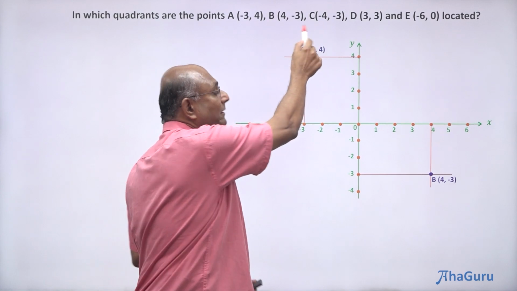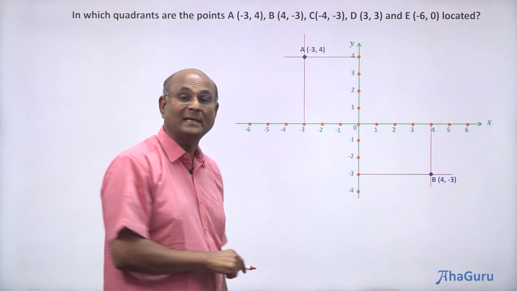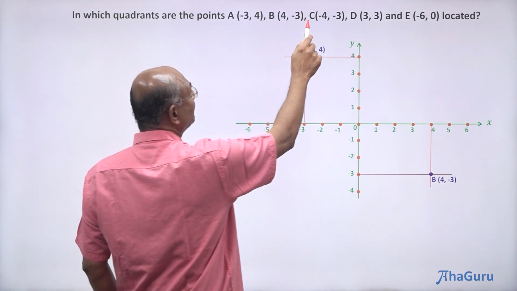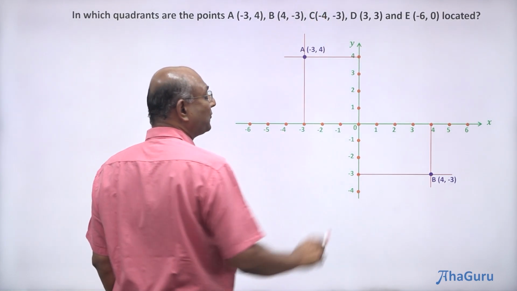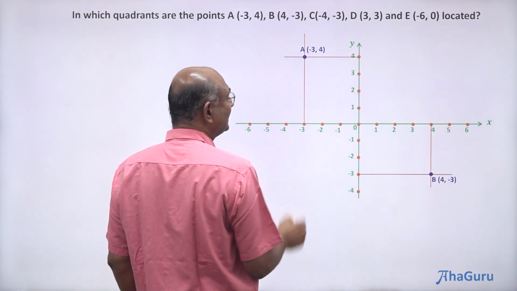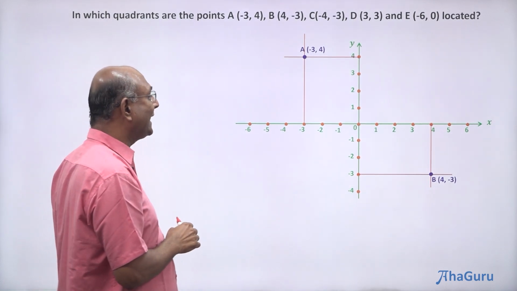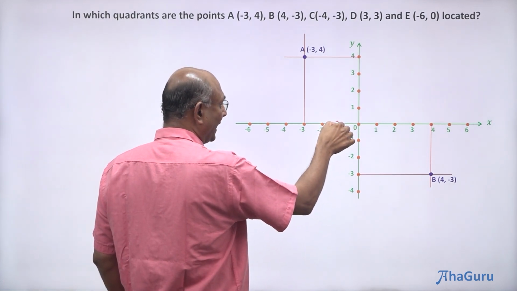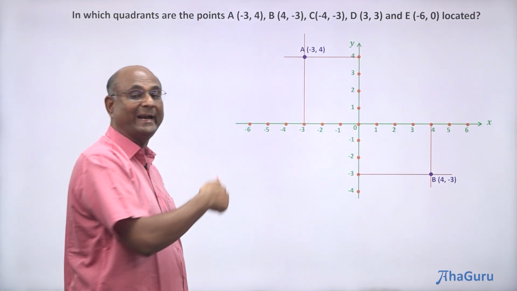Let us use the second method, which is the movement method, to find out where C is. Now C is (-4, -3). So -4 is the x coordinate. That means starting from the origin, move -4 on the x-axis: 1, 2, 3, 4 units in the negative direction.